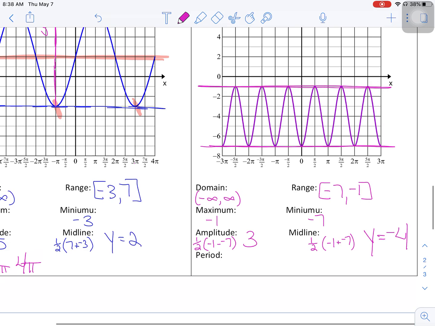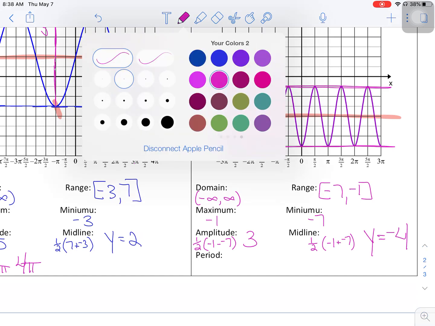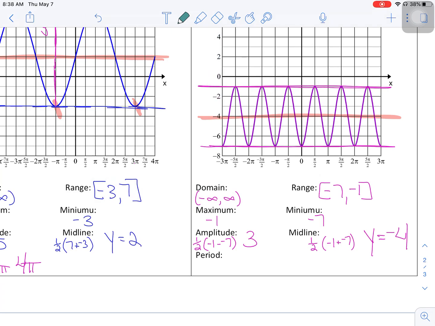So I'm going to take just a second here and make sure that that looks right and it makes sense with my amplitude. Okay, so if I count up from my midline this way, 1, 2, 3, absolutely that was my amplitude. If I count down, it has to be the same, 1, 2, 3.